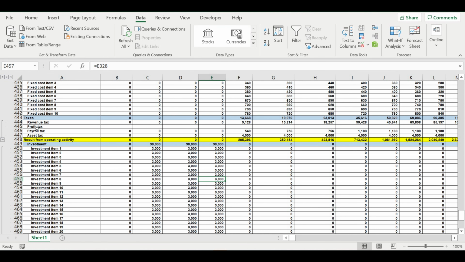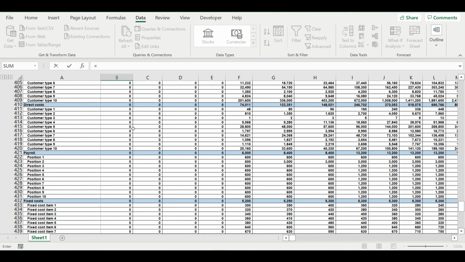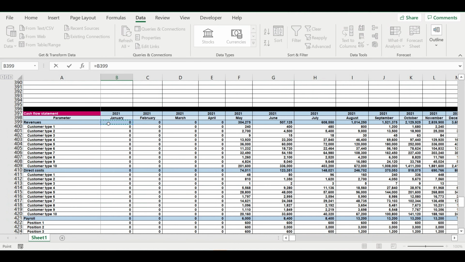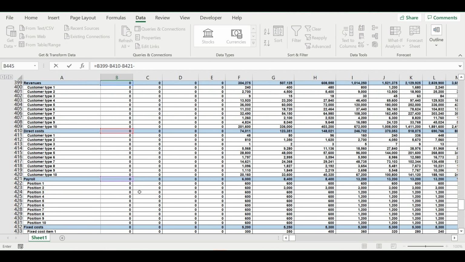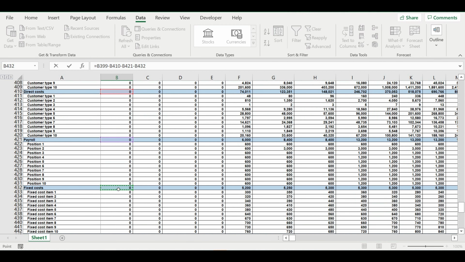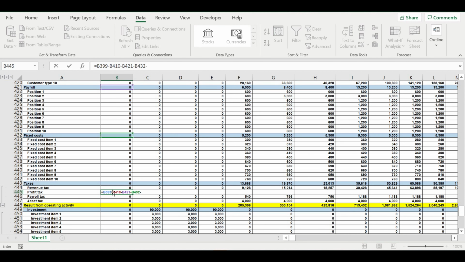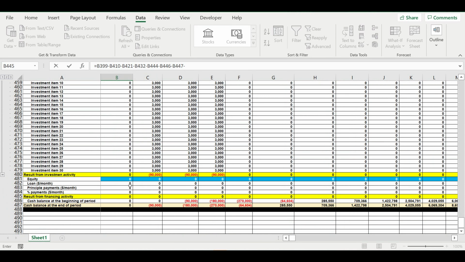Now it's time for us to calculate the profit tax. We just take revenue minus direct costs minus payroll minus fixed costs minus revenue tax minus profit tax minus asset tax minus principal payments minus interest payments. Then we add an if formula.